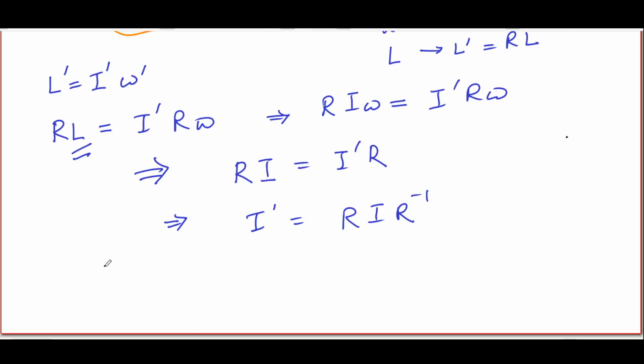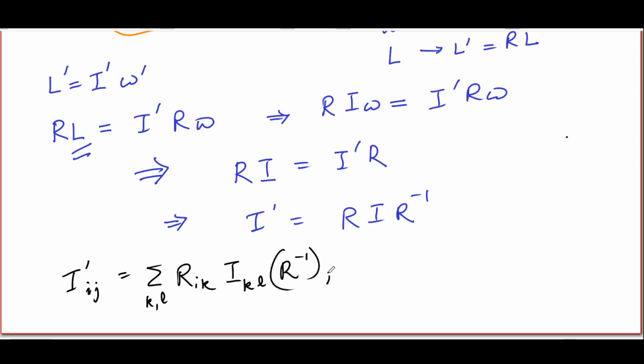Now, written in terms of the components, all this tells us is that the ijth element of I prime is the sum over k and l of R_ik, I_kl, R inverse_lj. And of course, we would usually not write the sum over k and l because we are using the Einstein summation convention, where repeated indices are summed over.